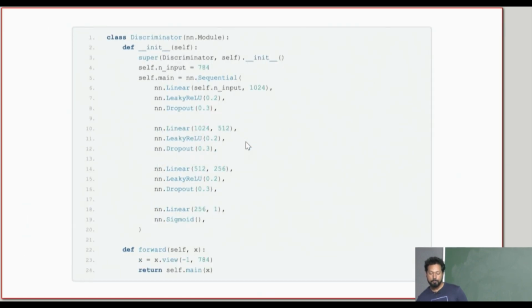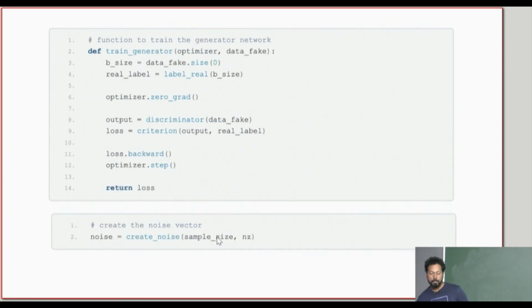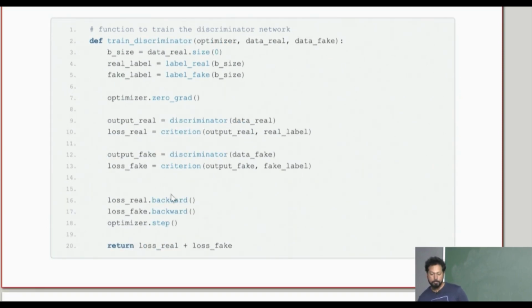So let us go there. Here we had these two losses, loss real and loss fake. Basically it means we could have done backprop for each of the terms separately, because the gradient also we can do separately and add these losses.